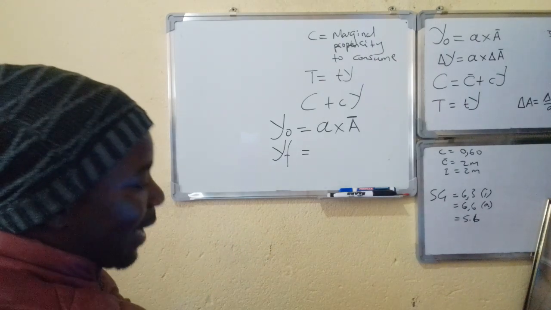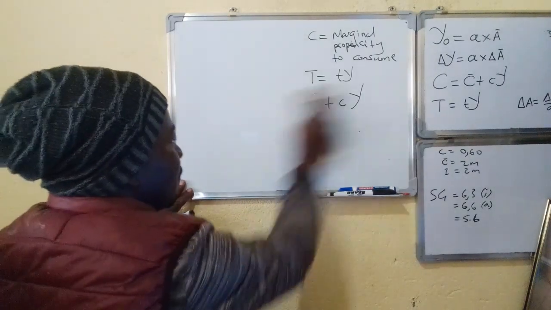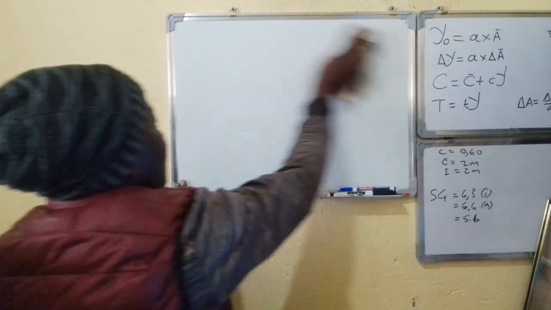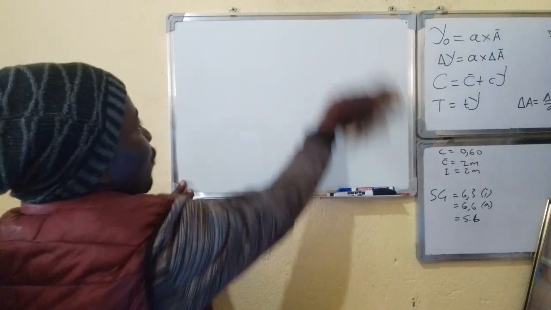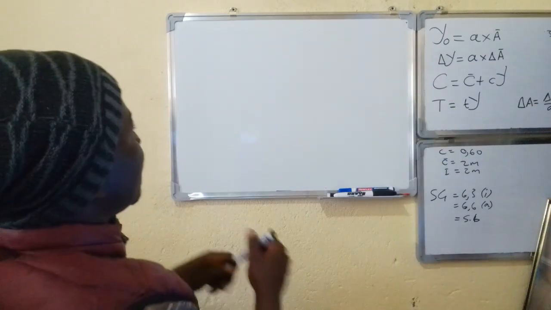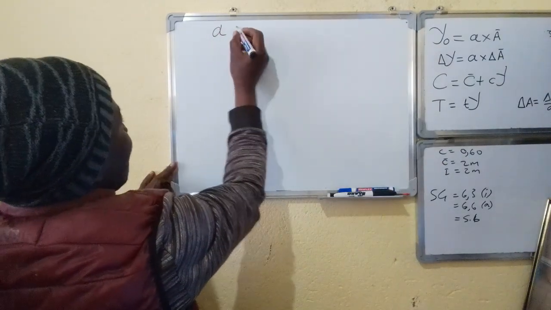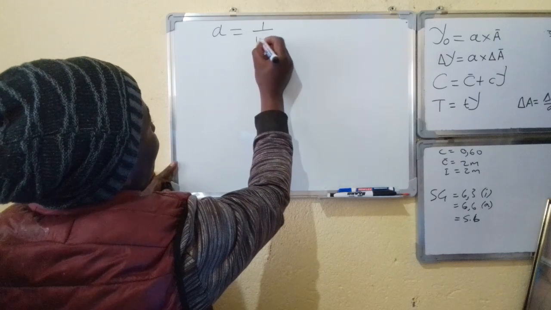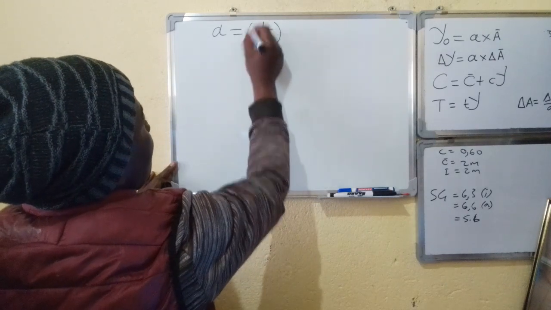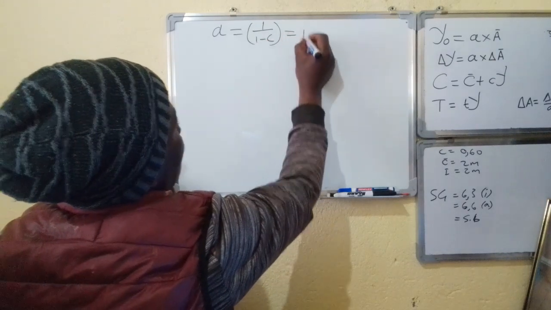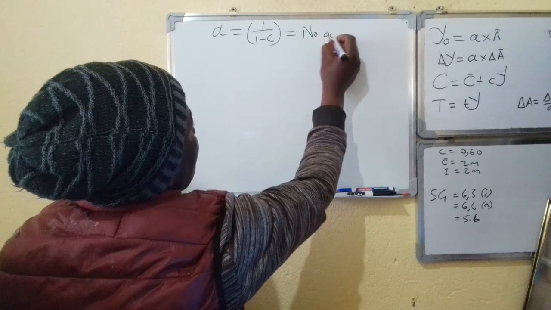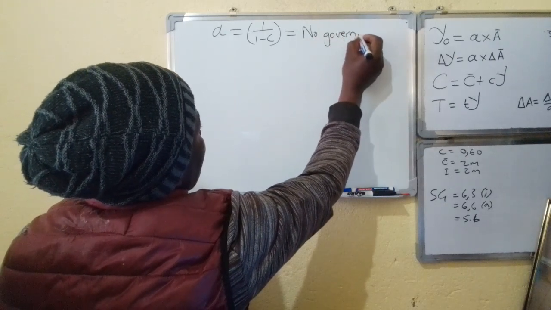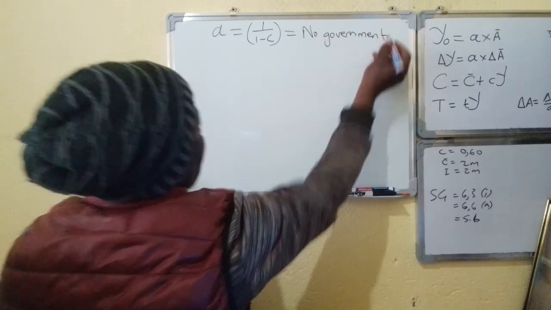Let's go to the multiplier now. Now we are going to the calculations. The multiplier is something like this, equals 1 over 1 minus c. No government.